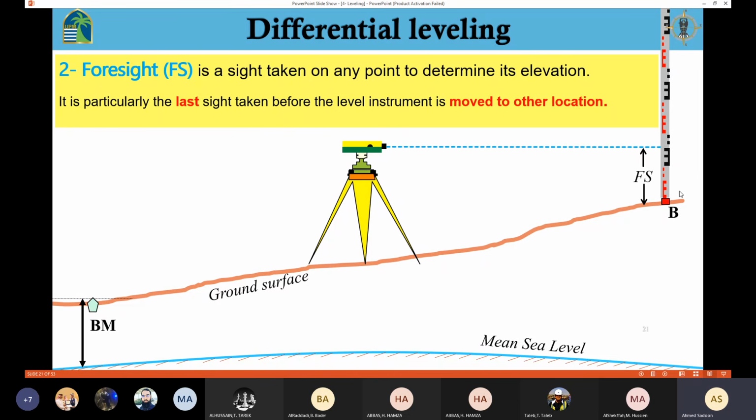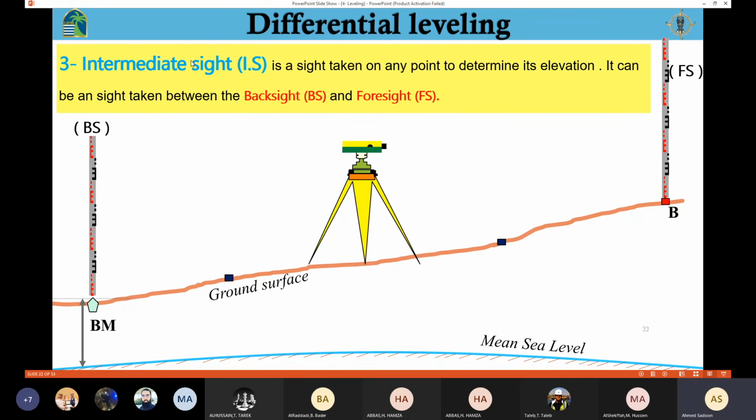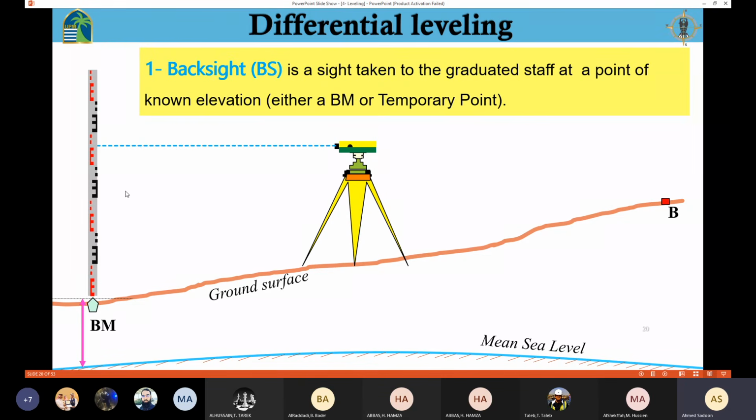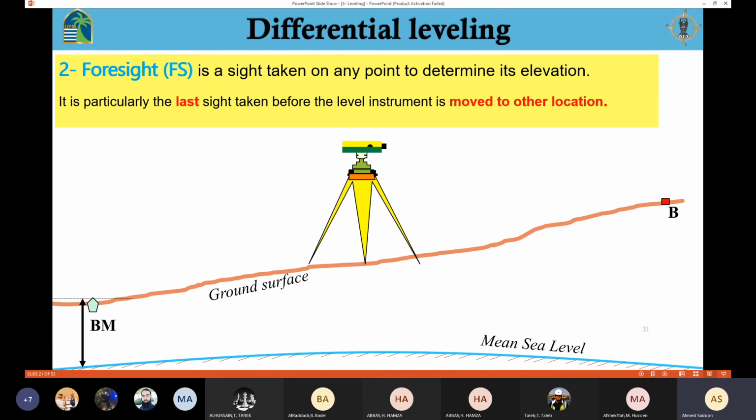This one is the last point, whereas the intermediate sight is going to be taken between the backsight and the foresight. So now we have three sights. We have first the backsight. The backsight is going to be placed on a point with a known elevation. Then we have the foresight. The staff is going to be placed on a point with unknown elevation.